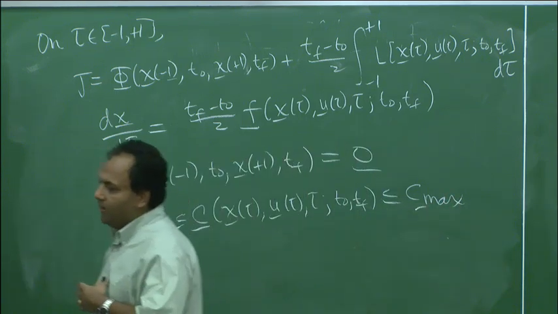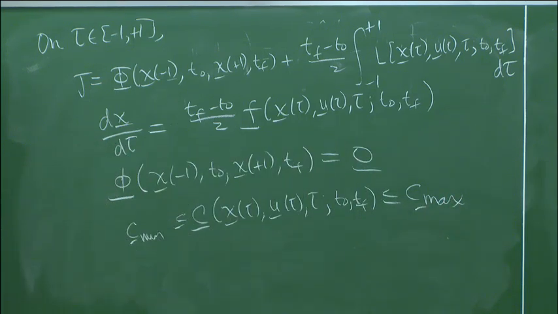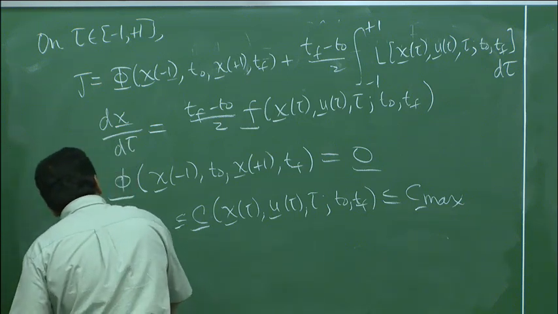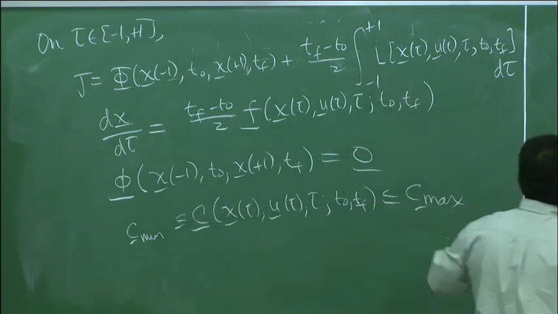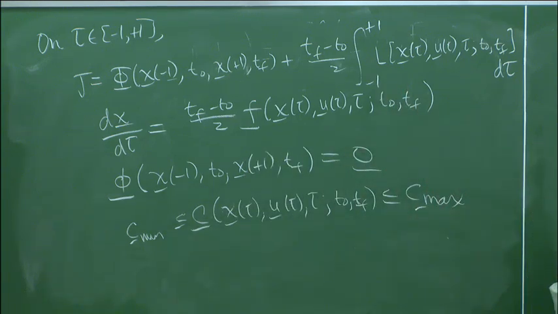But if you look at that, the problem is basically the same complexity as the problem we started with, that Mayer problem, because now everything's defined on negative 1 to plus 1. So let's suppose I do this with LGR collocation now.